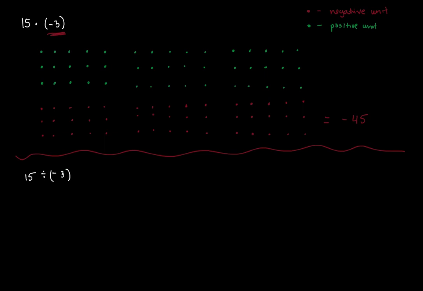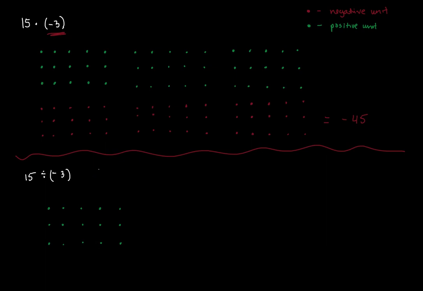I'm starting out with my set of 15. So 1, 2, 3, 4, 5, 6, 7, 8, 9, 10, 11, 12, 13, 14, 15. That's 15 positives.